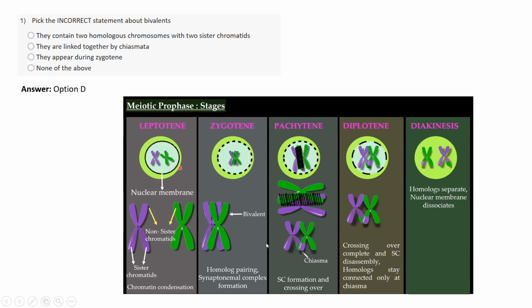When the synaptonemal complex is formed, that is called a bivalent, when the two homologous chromosomes are paired with each other. That pairing occurs in the zygotene stage, and it contains two homologous chromosomes with two sister chromatids. They are linked with the chiasmata.